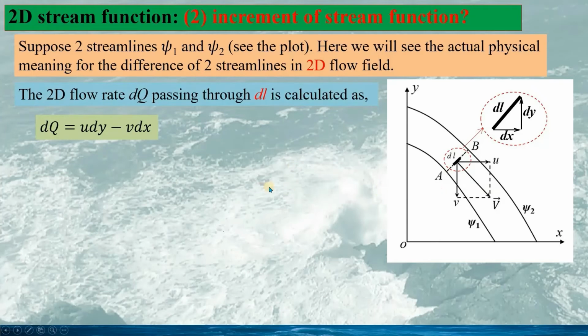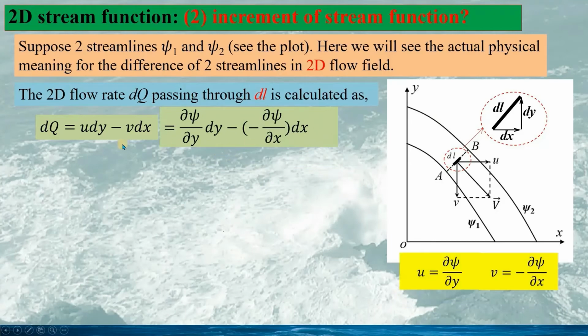From the plot, the flow rate past the small element dl would be calculated as dq equaling v times dy, and minus v times dx, because in this plot v is in the opposite direction to y.